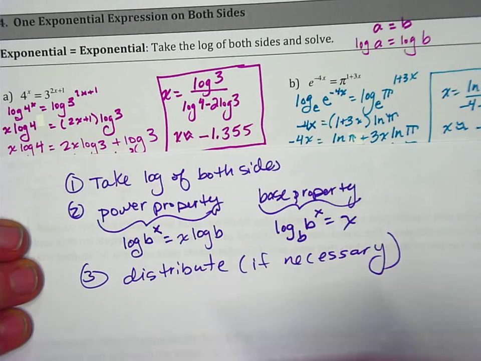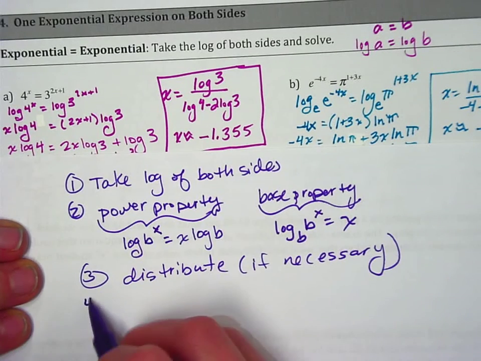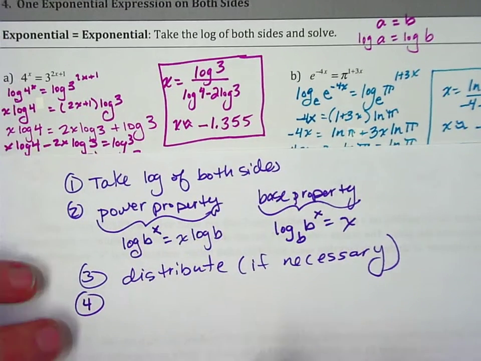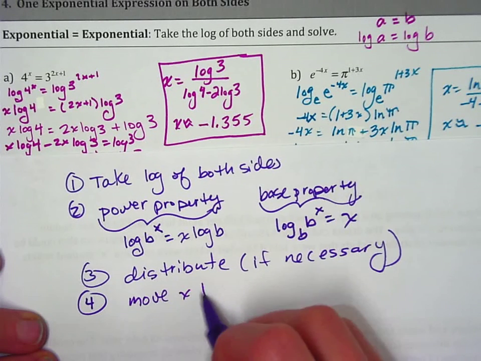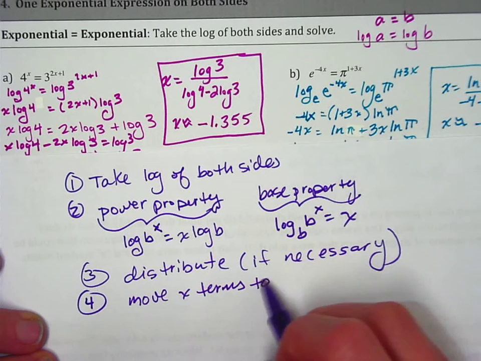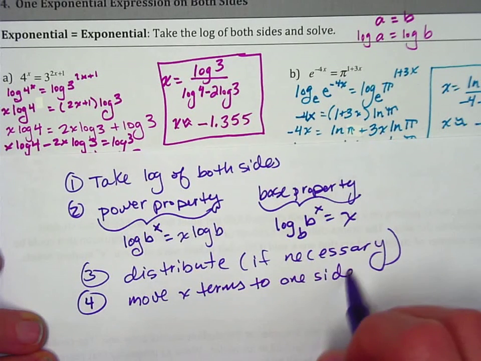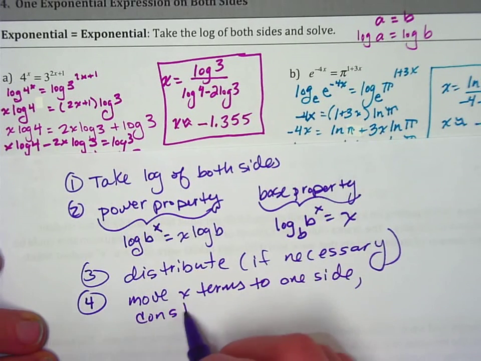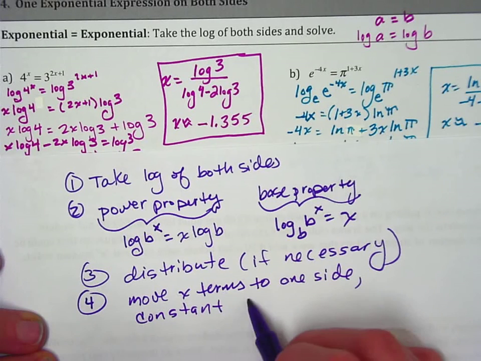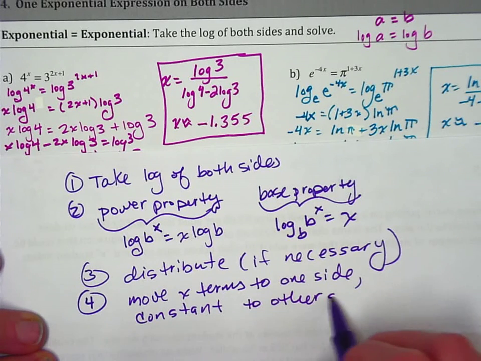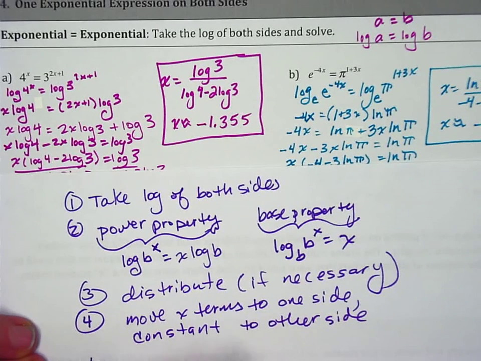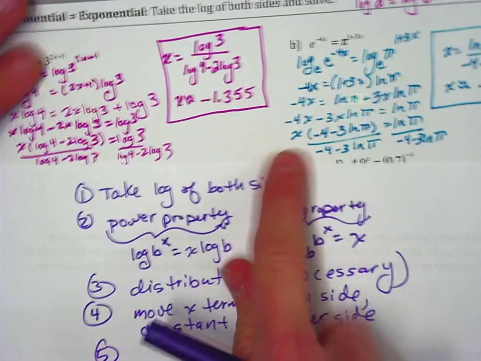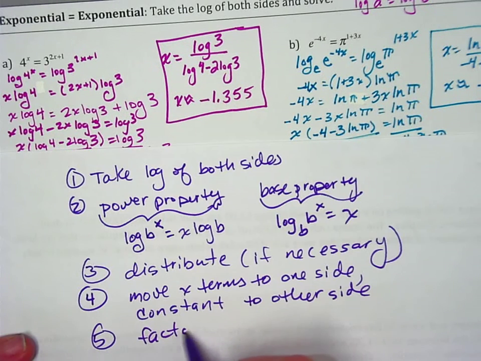So after we did that distributing, the next step that we did for both of these is we moved x terms to one side, meaning the constant needs to be on the other side. And after we did that, we factored out an x for both of these. So factor x. And then the last step is to divide.